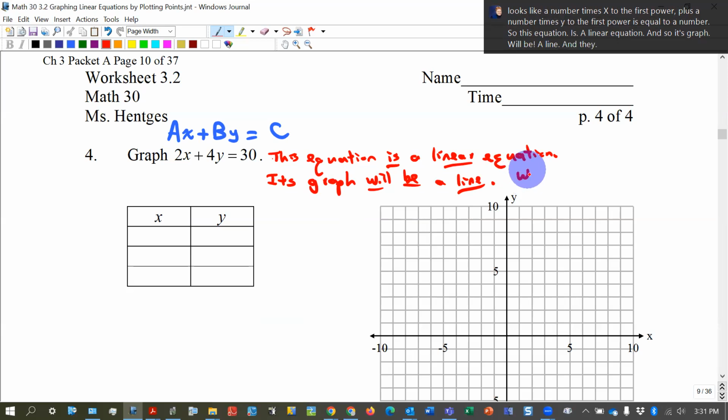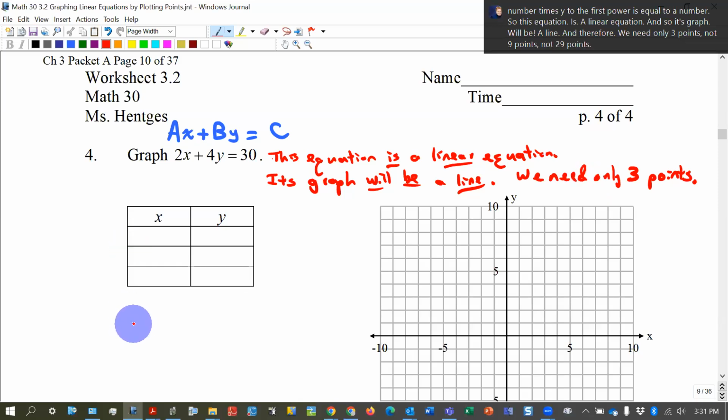And therefore, we need only 3 points, not 9 points, not 29 points, not 900 points. We only need 3 ordered pairs that make the equation true.